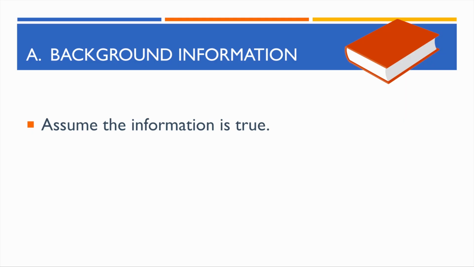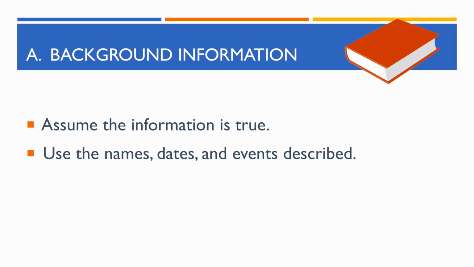Because the Cambridge group is essentially providing this background information, assume that the information is true. They're not going to give you background information which is wrong, in other words. So use that information as you think about the questions that are being asked.